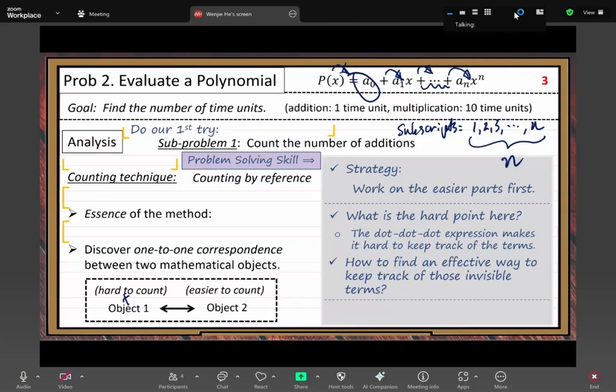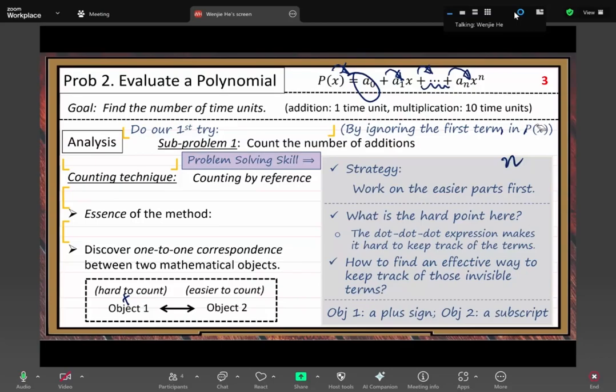So today I go a little slow, but starting from next time, I need to go much faster. We went halfway through the solution to this example problem.